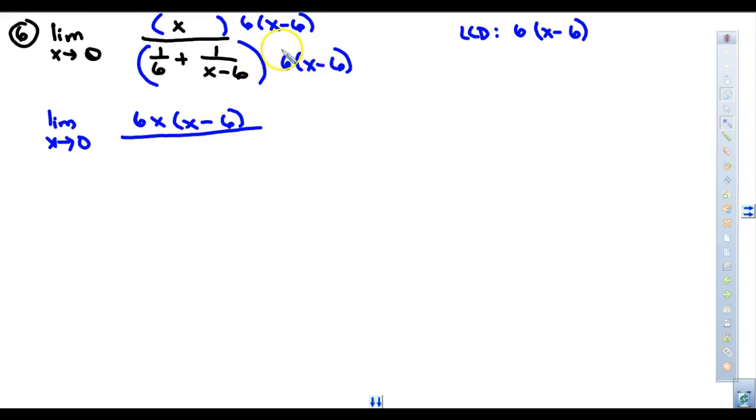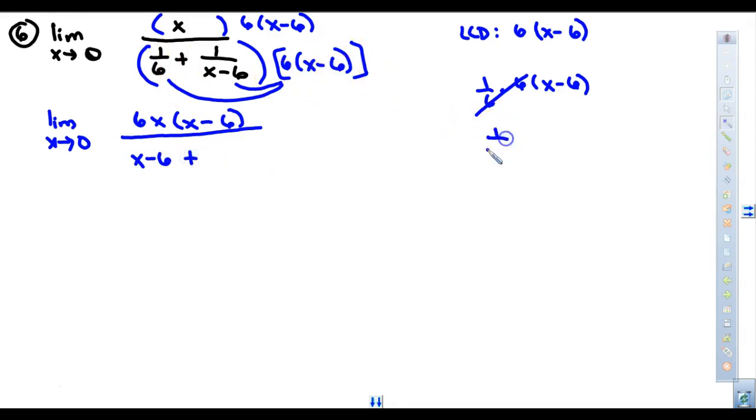Now, you've got to multiply all of this times 1 over 6 and times 1 over x minus 6. So if I say 1 over 6 times x minus 6, 6's cancel, I'm left with x minus 6. Plus, now I'm going to multiply 1 over x minus 6 times 6 times x minus 6.